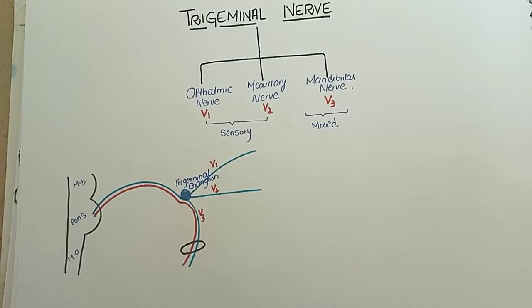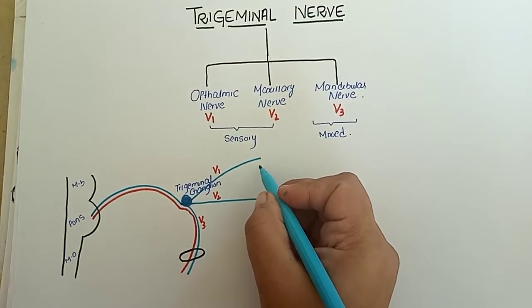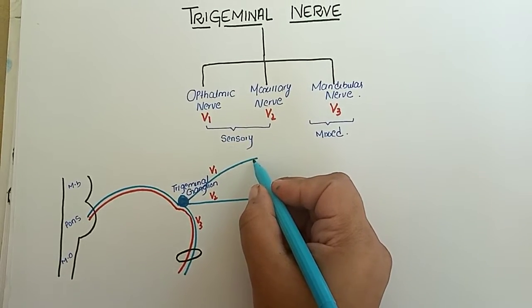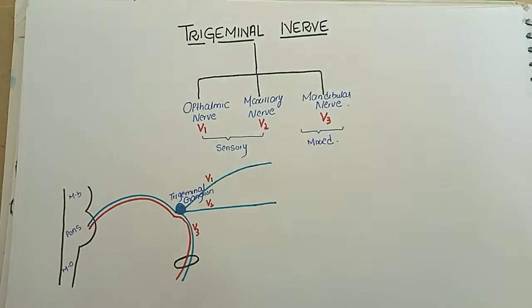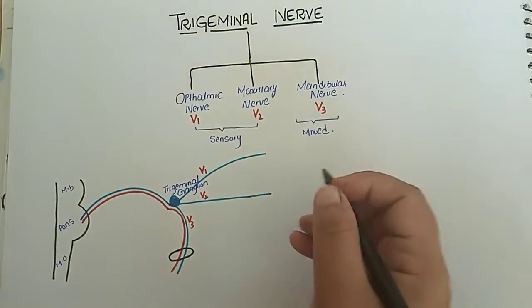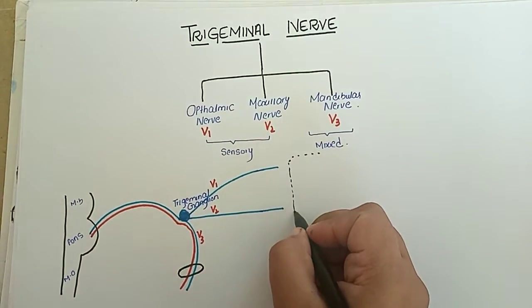Now let's move toward the first two divisions of the trigeminal nerve, the ophthalmic and the maxillary. These two nerves move forward and enter the middle cranial fossa, and within the middle cranial fossa is the cavernous sinus.